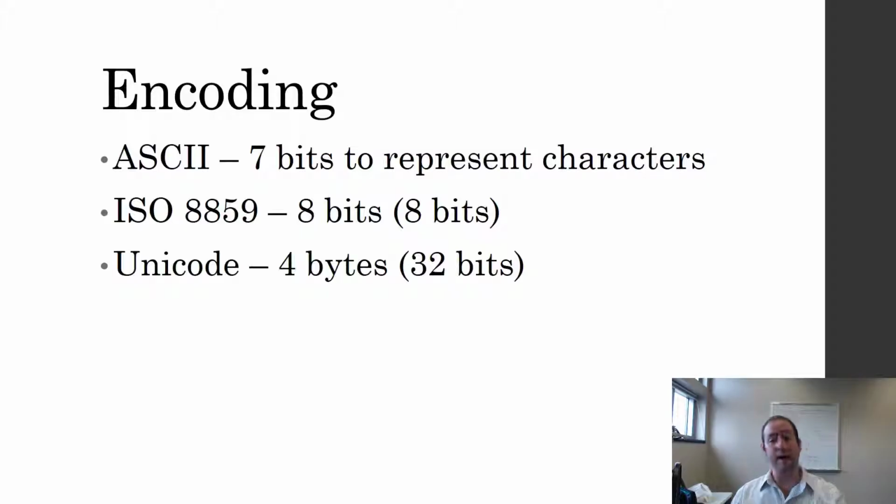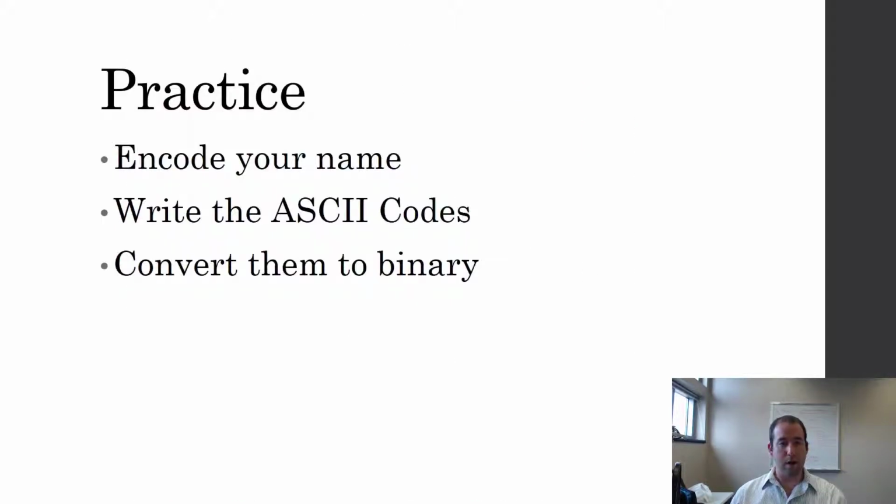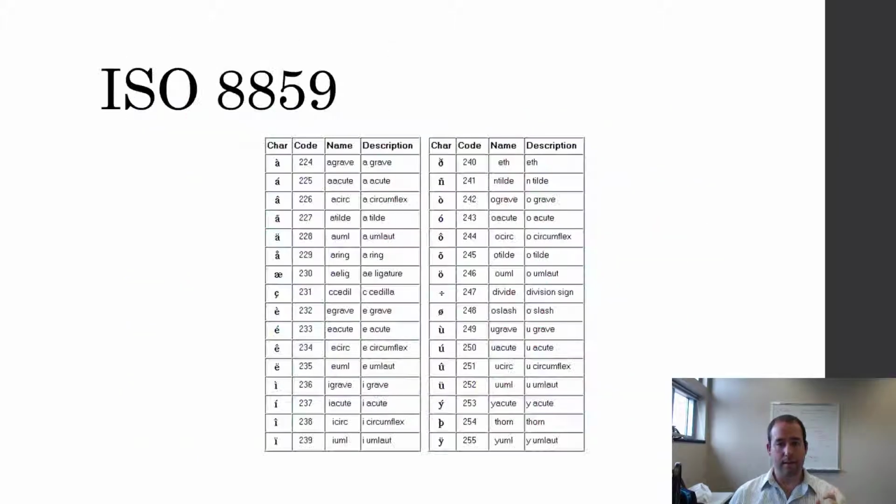ISO 8859 took those 7 bits of ASCII and said, why don't we add one more bit to that and get double the number of characters to represent and include a whole bunch of things like those accent marks that I was talking about.